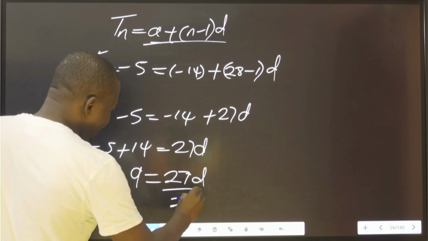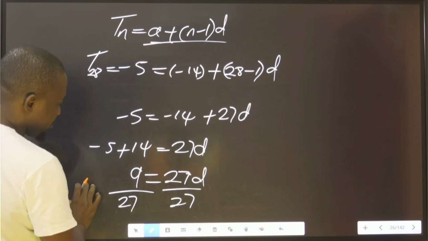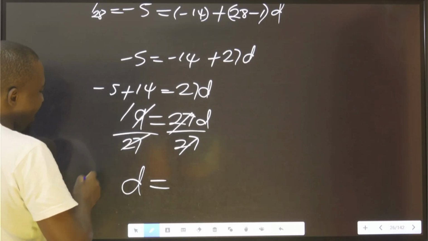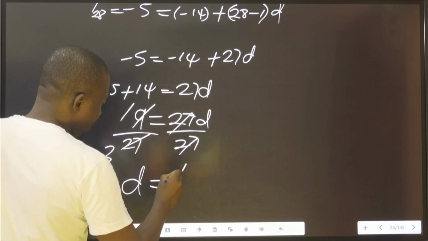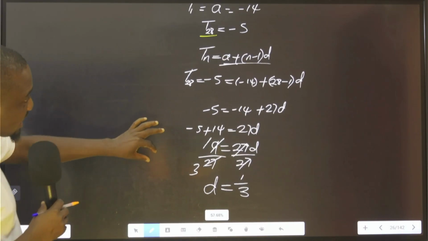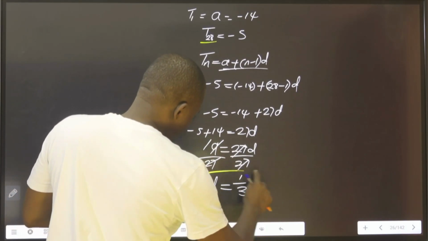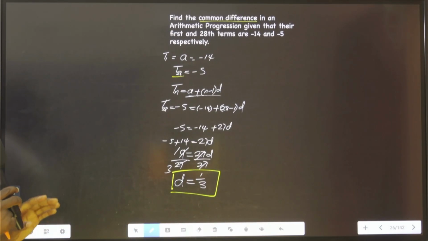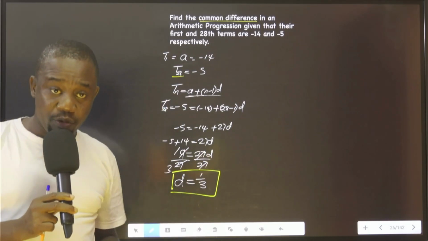We divide both sides by 27. It means therefore d is equal to 9 over 27, which is 1 over 3 for d. Okay? So this is the value for d, 1 over 3, the common difference for this arithmetic progression. Okay?